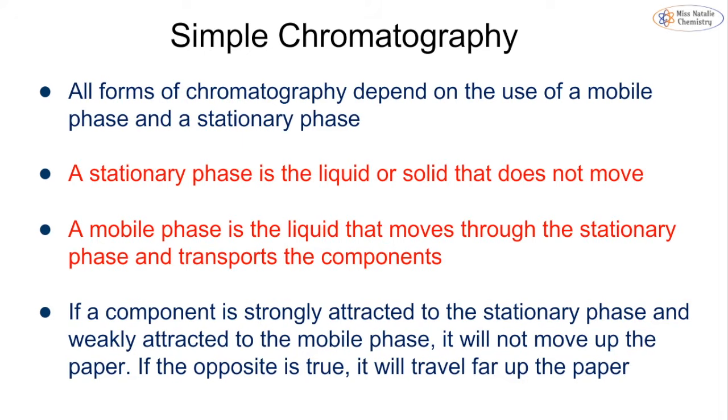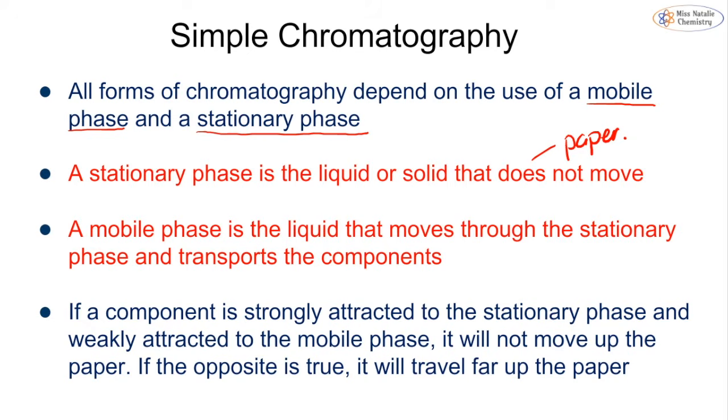Now, what we need to understand is that all uses of chromatography depend on something known as a mobile phase and a stationary phase. And you need to be able to know the difference between these two things and be able to define them. So the stationary phase is the solid or the liquid that does not move. So in this case, with our simple chromatography, this would be the paper.